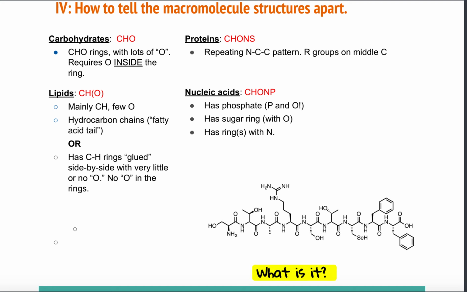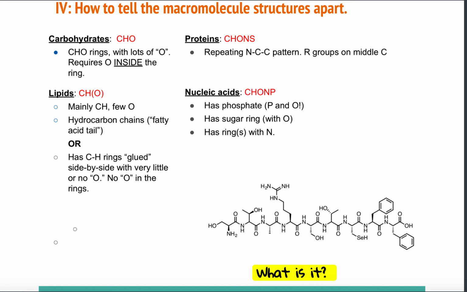All right, so this one's probably the trickiest, so take a moment, see if you can figure it out. All right, so did you figure it out? Now remember, the corners that are not labeled, those are carbons.